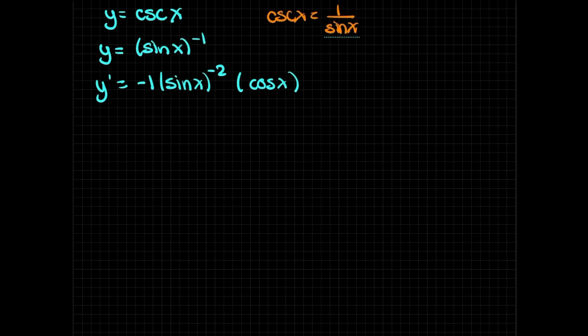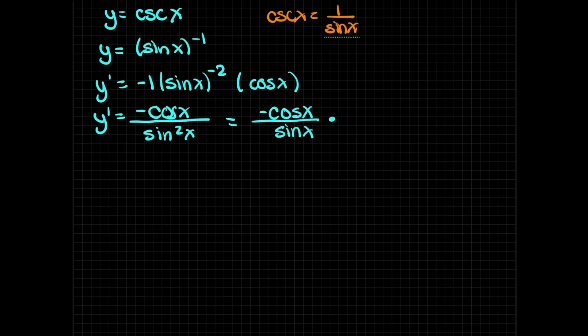Now we're going to use our quotient identity and the reciprocal identity to break this down a little bit more. So I'm going to rewrite it as negative cos x all over sine squared x. And then I'm going to rewrite it one more time to split out that sine squared x on the bottom. So this is equal to negative cos x over sine x times our reciprocal.